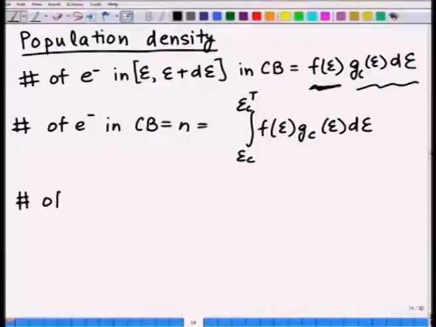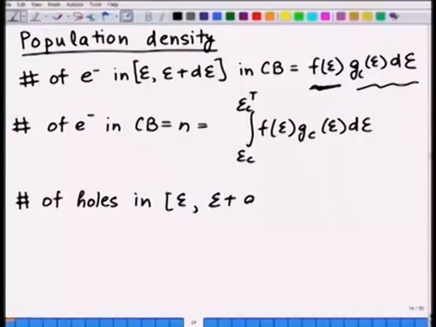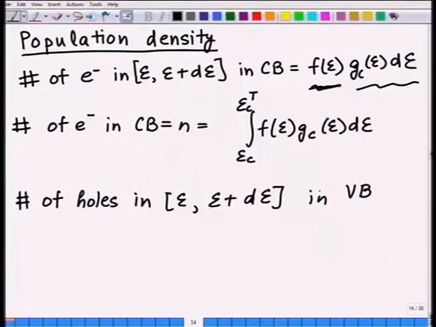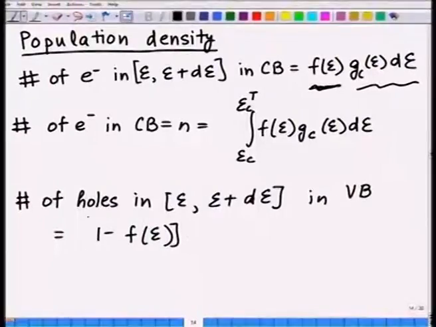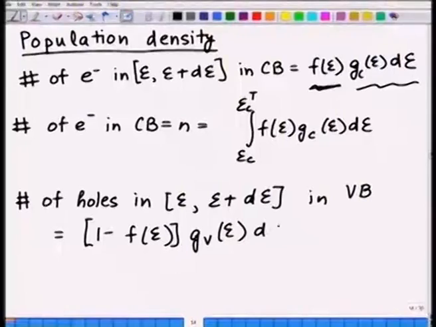Similarly, we can write the number of holes in E to E plus dE in the valence band as equal to 1 minus F of E times GV of E dE.